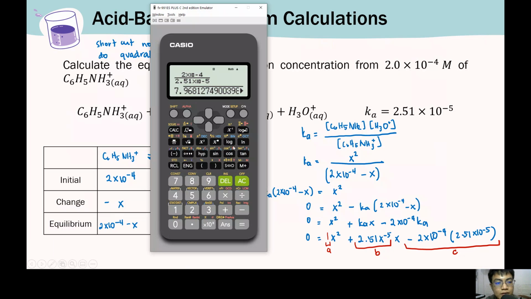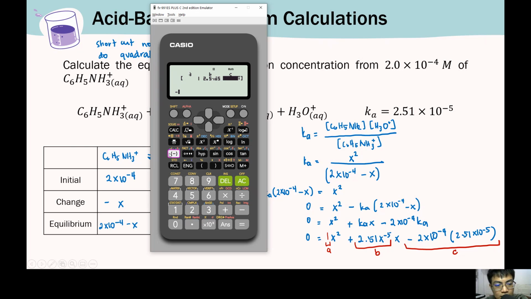Let's use our calculator to get the roots. Again, press mode, equation, the ax squared plus bx plus c. Then you type in the values of A, B, and C. Okay, so this is 1, 2.1 times 10 raised to negative 4, sorry, negative 5.